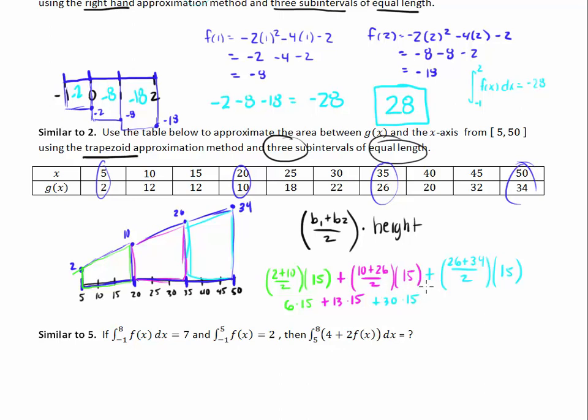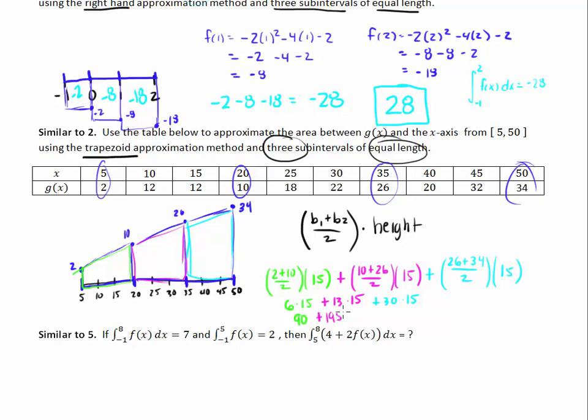And you know what? I am too lazy to figure those out by hand, and I know it said no calculator, but I wouldn't give you those big of problems on an actual test. So 6 times 15 is 90. 13 times 15 is 195.